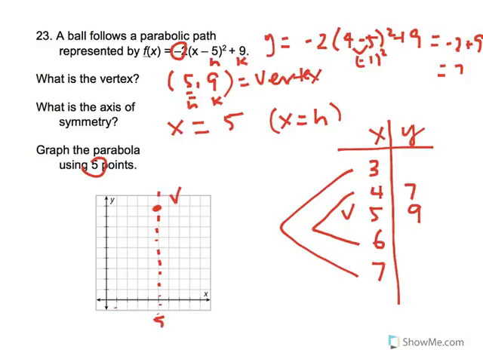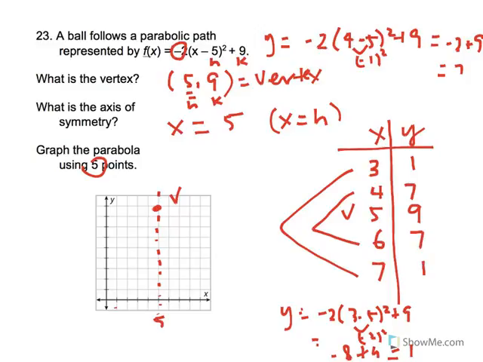So y is going to equal negative 2 times (3 minus 5) squared plus 9. Negative 2 squared will be 4. 4 times negative 2 is negative 8. Plus 9, we actually will have 1. So we'll have 1. And since they are buddies, there will be 7 here and 1 here as well.